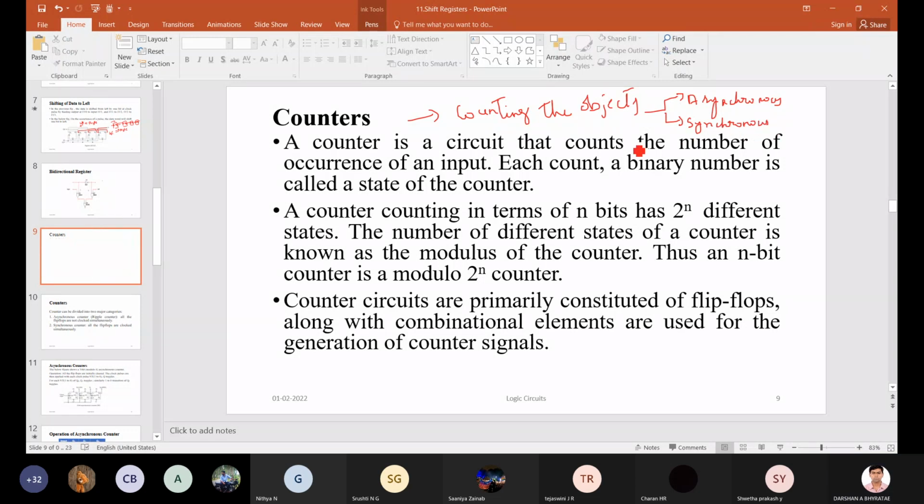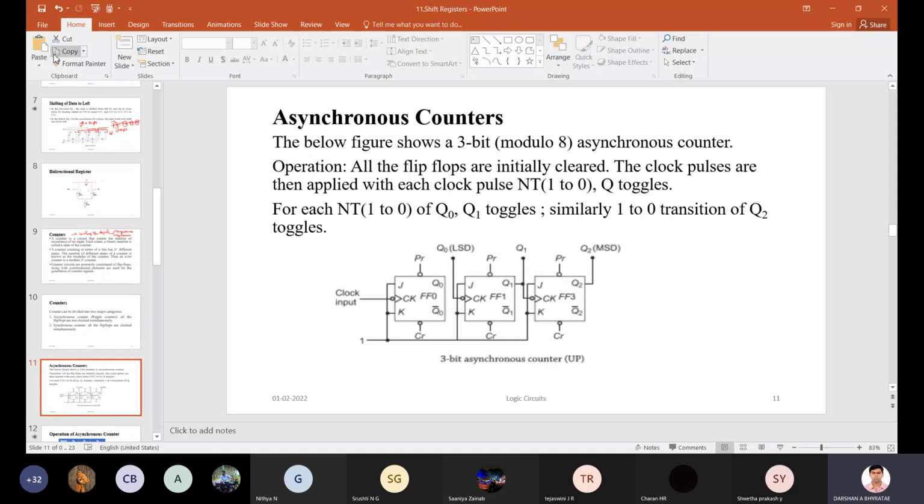In this asynchronous counter, if I take it as an example, see, I have only one clock. This is my JK flip-flop. I'm using three stages of JK flip-flop here. And this output I'm going to connect to the input.